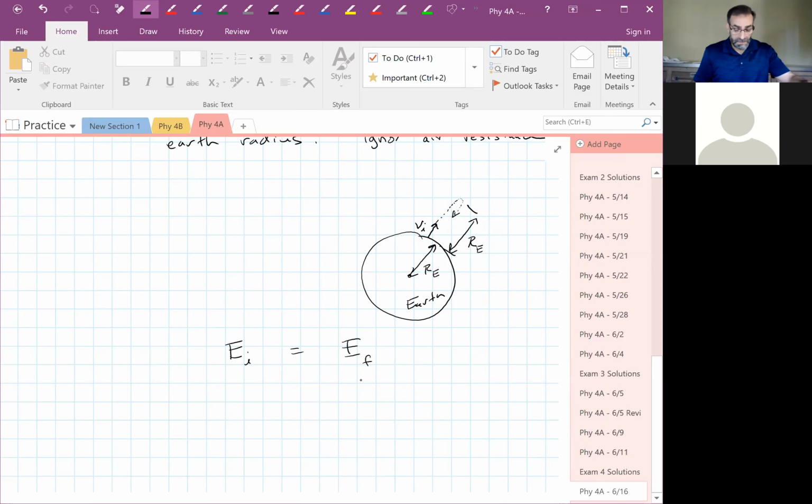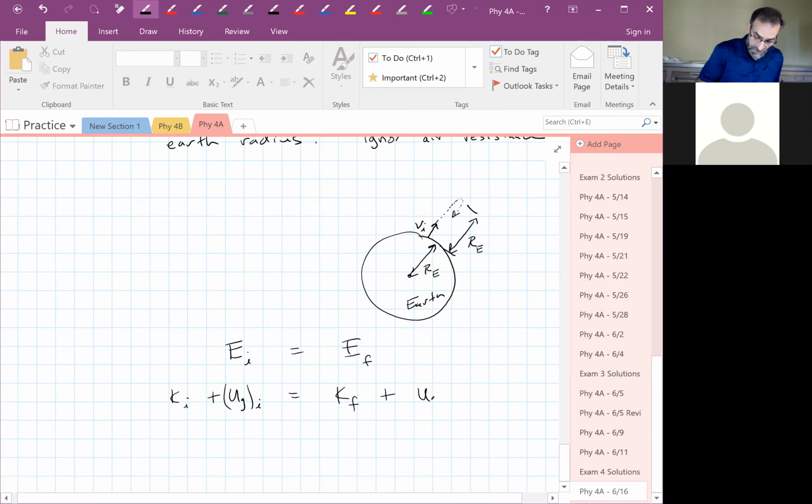All right, so initial mechanical energy is a combination, right, of kinetic and gravitational potential. And at the end, it could be some combination of kinetic and gravitational potential. Are we moving at the beginning?